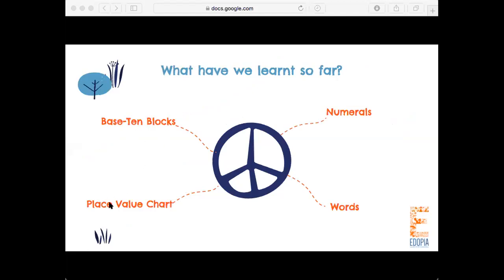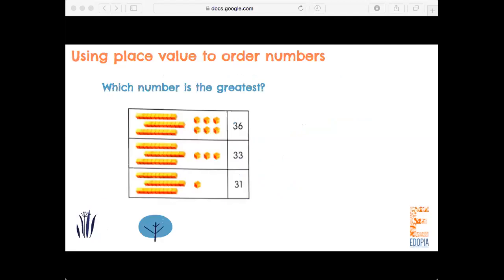We have also used place value charts to figure out the value of each digit in a number based on its place. We have read and translated numbers from numerals to words and also from words to numerals. Our workbook practices have been more or less about them. In the third lesson, we learned about how to compare numbers and find out which one is greater and which one is smaller.